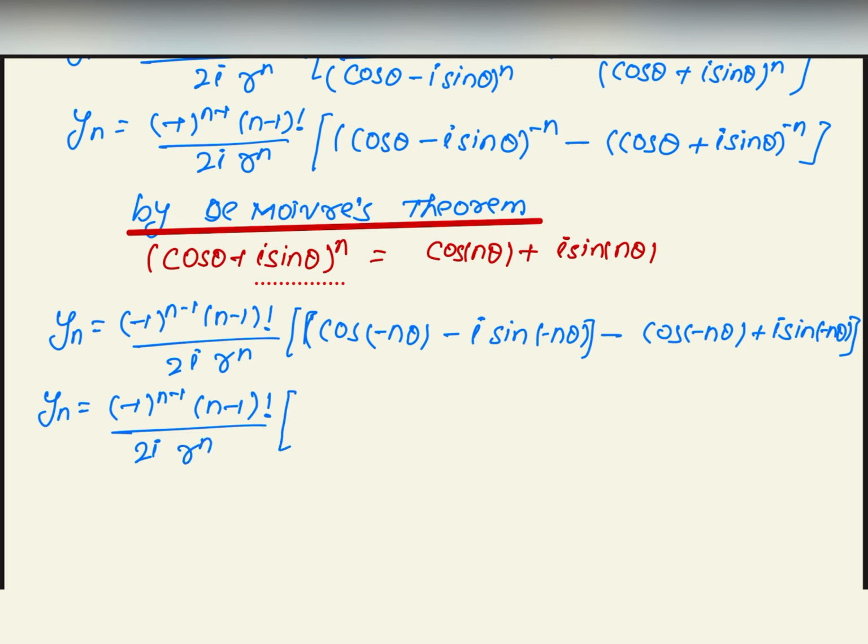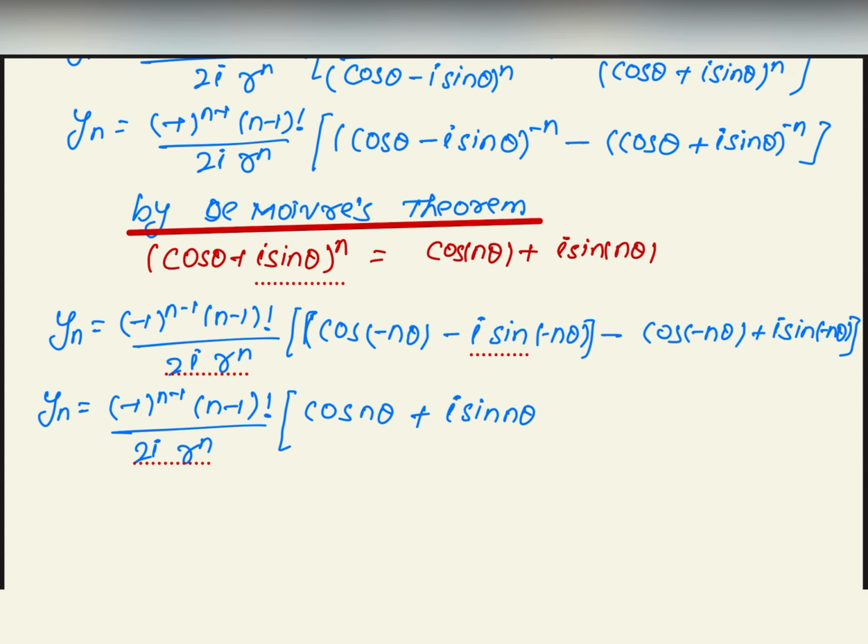So friend, cos minus theta is equal to cos theta. So cos minus n theta is equal to cos n theta, and sin minus theta is equal to minus sin theta. So i sin minus theta, and minus minus plus, so i sin n theta.